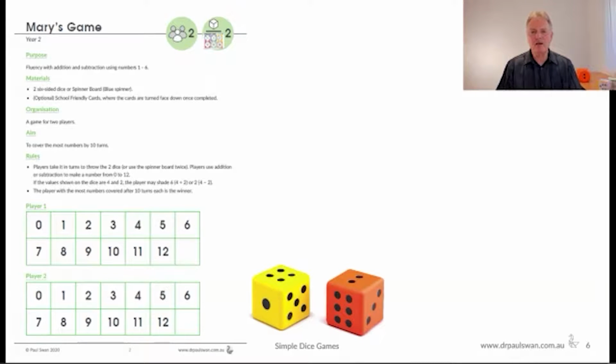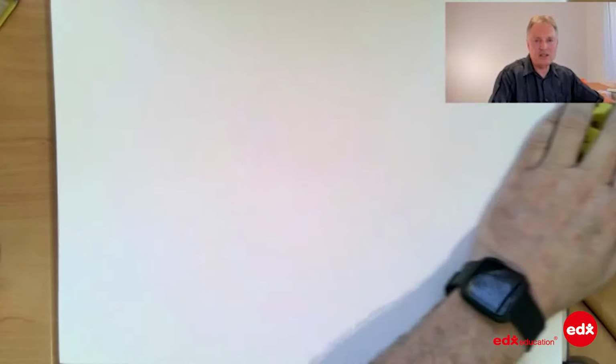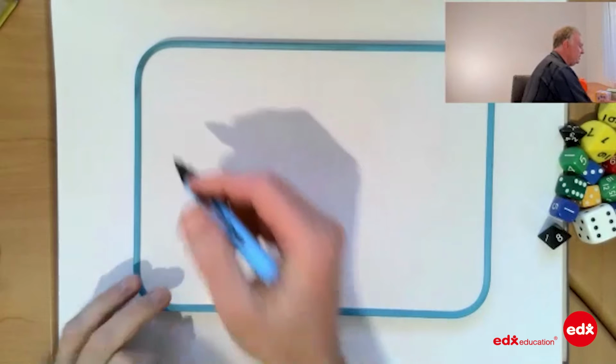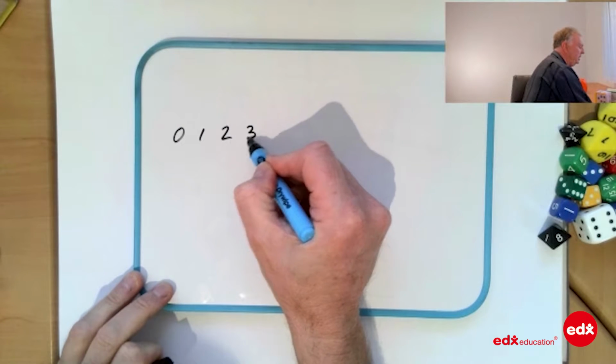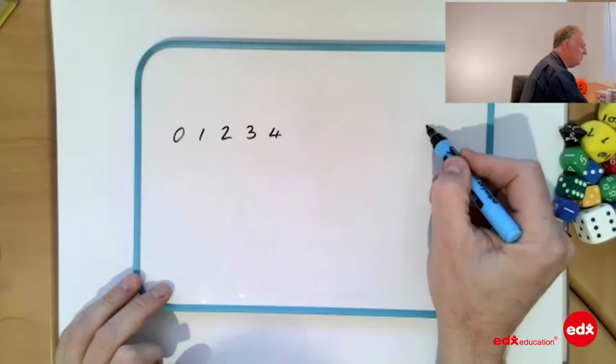All you need to do is write at your end 0, 1, 2, 3, up to 12. I'm going to write it on my board here so you'll see exactly what we're doing. I'll just clear the dice off here, and I'll use my little whiteboard. So I'm going to write 0, 1, 2, 3, 4, and basically keep on going until you get to 12.